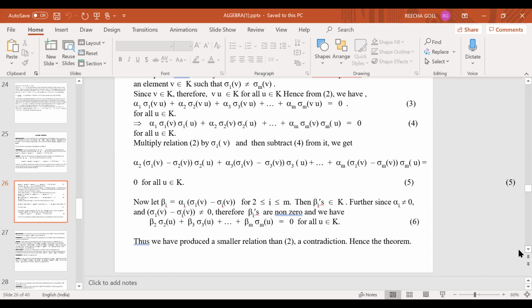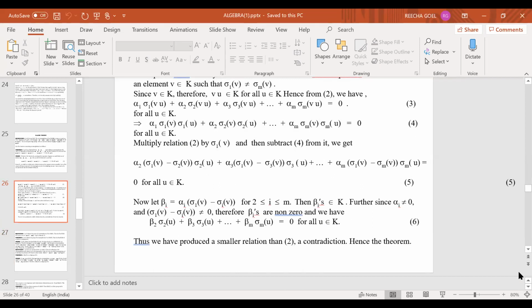So this contradiction shows that our assumption that there exist alpha 1, alpha 2, ..., alpha n, not all of which are 0, is wrong. Hence you cannot find alpha 1, alpha 2, ..., alpha n, not all of which are 0, such that their linear expression is 0 for all u. So this proves the theorem.